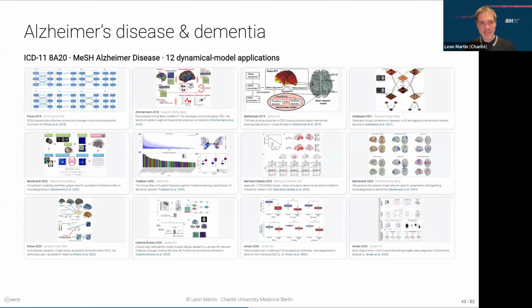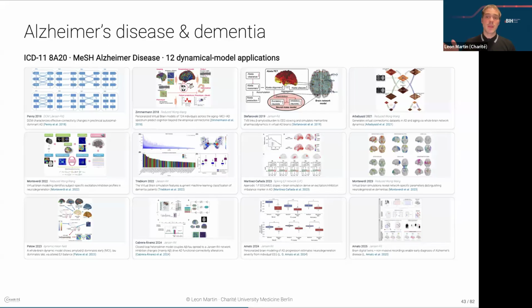Same for Alzheimer's disease and the dynamics of molecules, and how the different proteins that are abundant in the brain drive the network pathology and try to predict the disease and the stage from the simulated network activity.